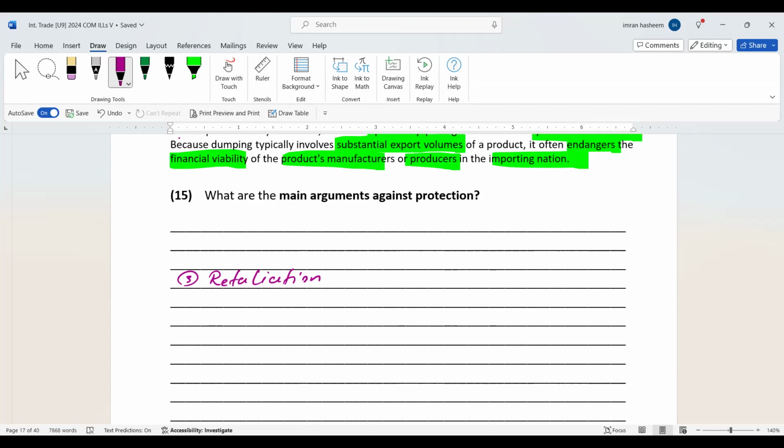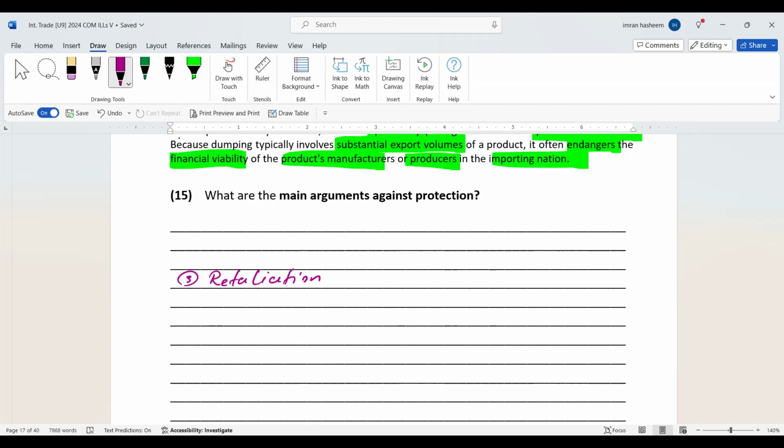Within brackets, right? Put that: inability to derive optimum benefits from comparative advantage based international trade.